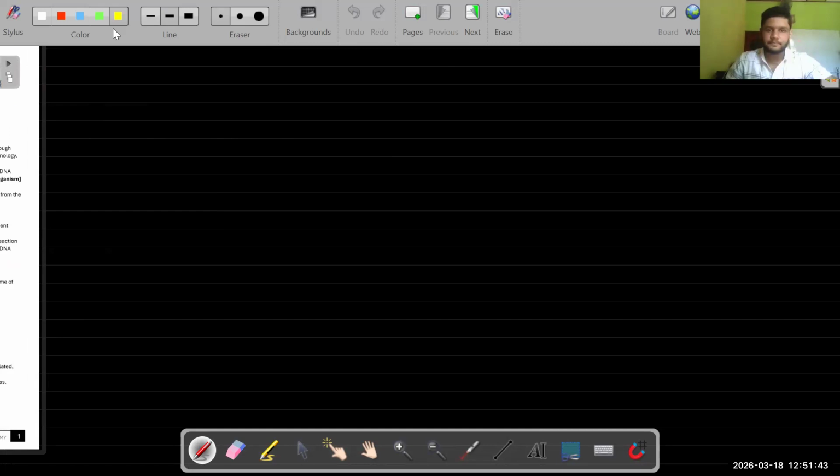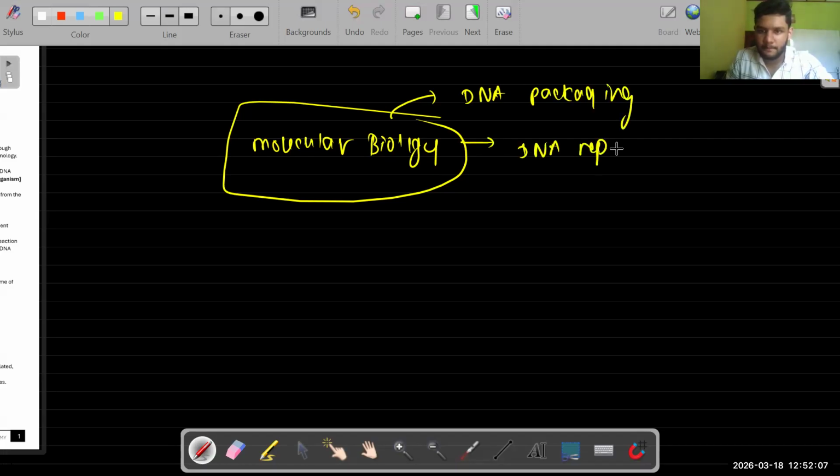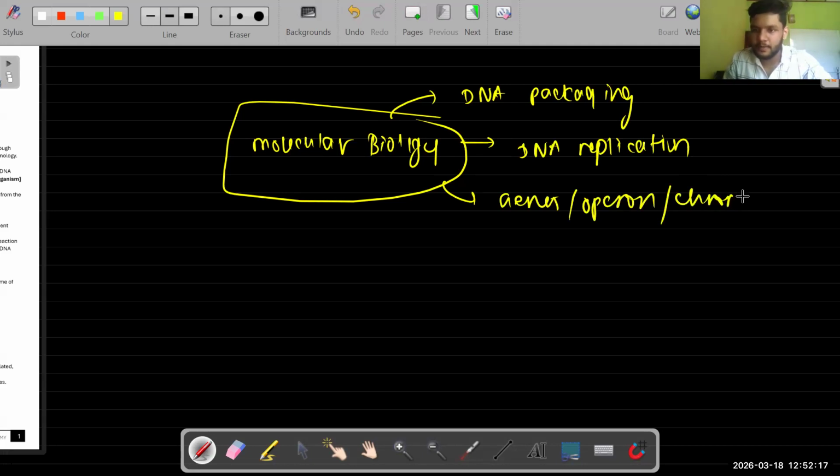As I said on the first day itself, the unit molecular biology contains subtopics: DNA packaging, DNA replication, genes, operon, and chromosomal theory.